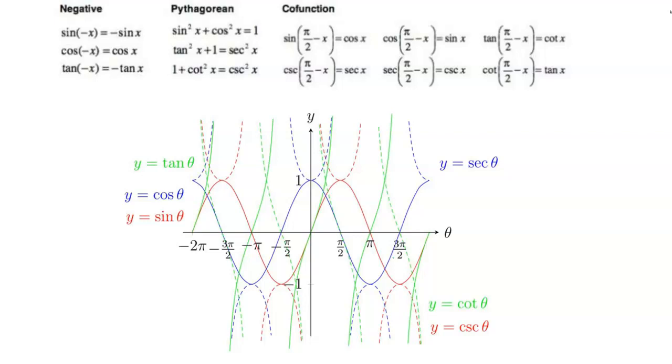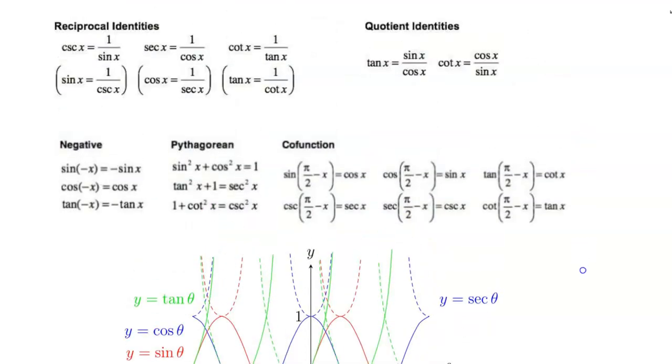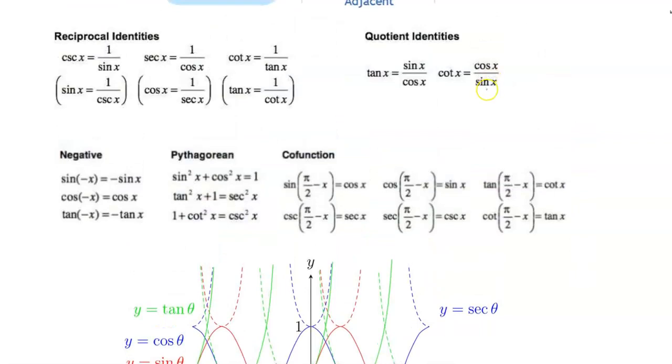And with these graphs and the definitions themselves, we can get some interesting properties of limits and differentials. For example, the tangent is sine over cosine, right? So if tangent is sine over cosine and cotangent is cosine over sine, then their derivatives would require the quotient rule, wouldn't they?